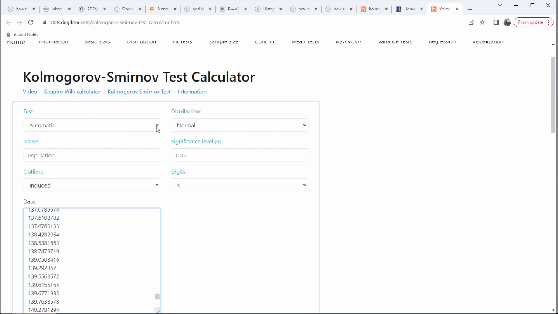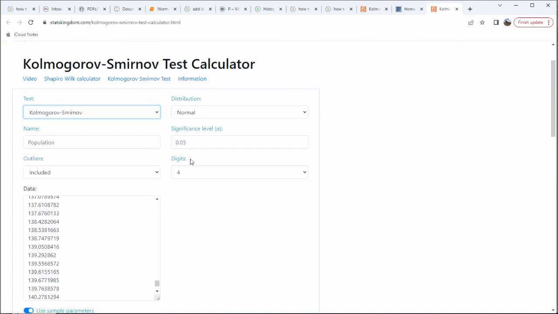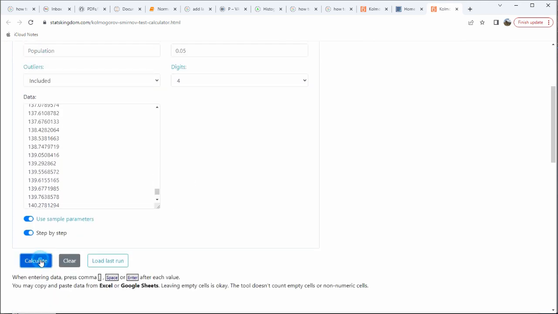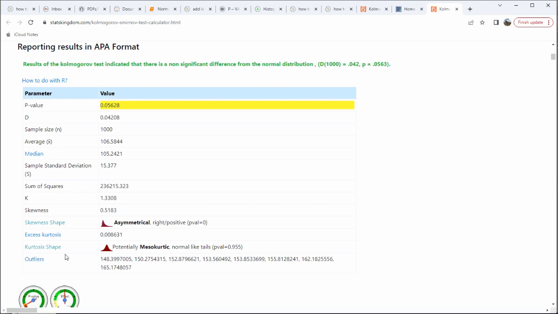Okay, so here we want to do the Kolmogorov-Smirnov test. We're going to test it for a normal distribution with a significance level or an alpha of 0.05, and then we'll calculate. What I like about this is that you'll get a lot of nice graphics. It says it's asymmetrical, skewed shape, and it's potentially mesokurtic, or normal-like tails.